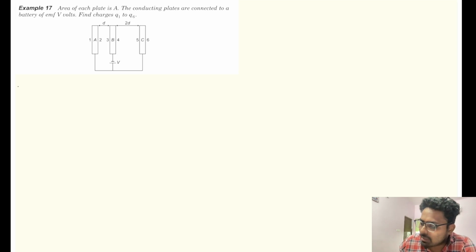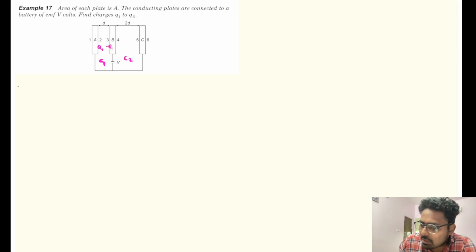As I already told the capacitor properties, let's say this is capacitance C1, this is capacitance C2, total two capacitors are there. Imagine the charge here to be q1, then automatically here the charge will be minus q1.